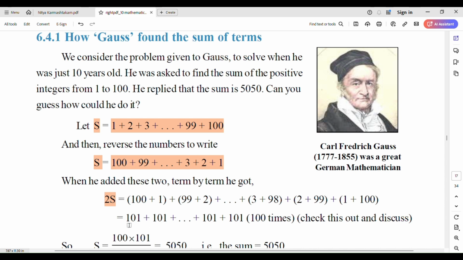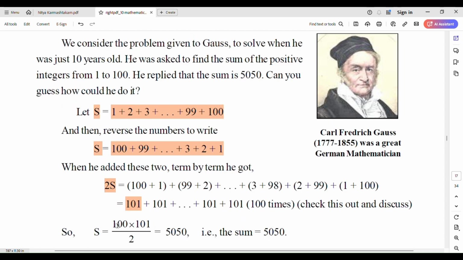So each term has become 101. How many 101s are there? Obviously 100. So 2S equals 100 times 101. So S is equal to 100 into 101 divided by 2, which is 5050. That is the sum.